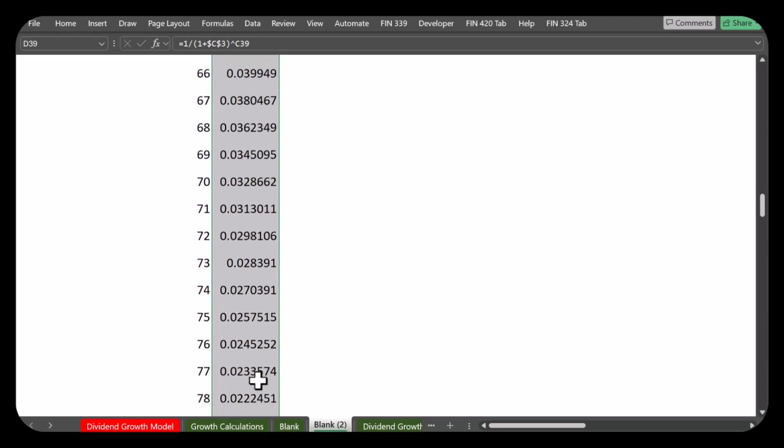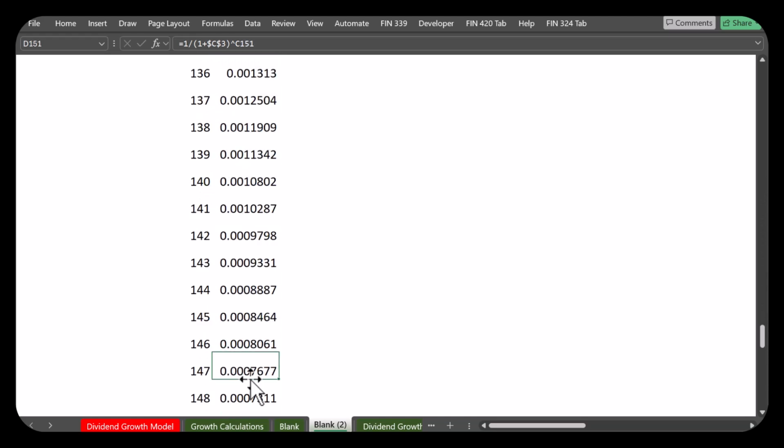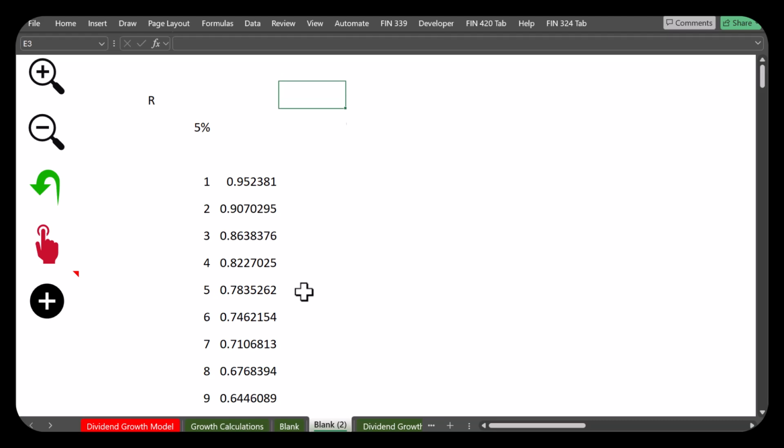By the time I come to, what's the max I did here? 179, it's less than 1/100th of a cent. And if you keep adding them up, first year, just that number.